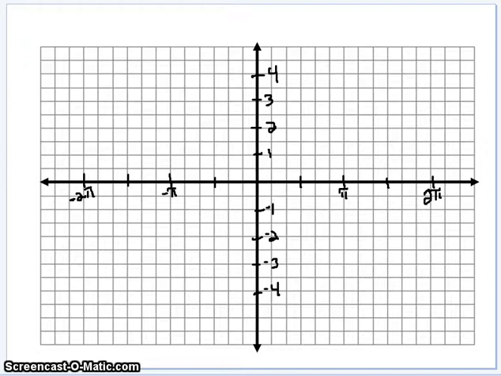We know that our regular y equals sine of x is going to start at 0, 1, 0, negative 1, 0. We're going to dot that in. Negative 1, 0, 1, 0.